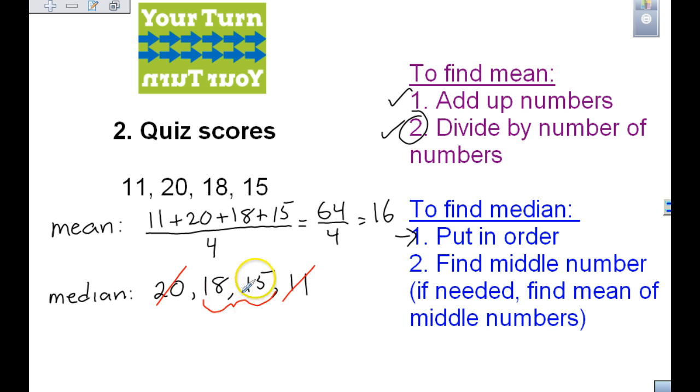We're going to find the mean of these 2. So 18 plus 15 over 2, which will equal 33 over 2, which will equal 16.5. And we'll use 16.5. Use everything with decimals here. So you can see here these are slightly different, but more or less basically the same. Both numbers describe these 4 scores very well.